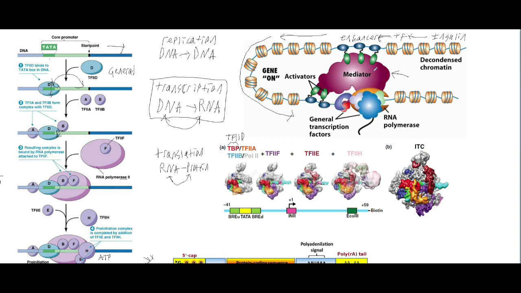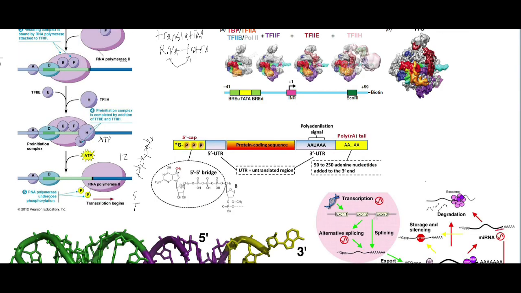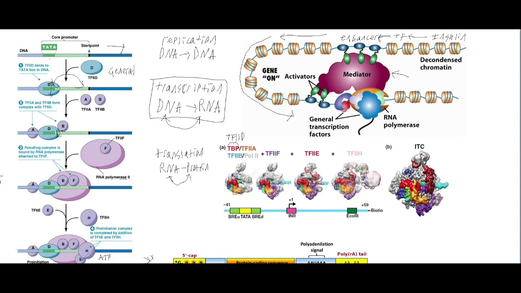So mediator sort of recruits the general transcription factor machinery to come down and bind onto the promoter and generate this pre-initiation complex, which can then go into elongation or transcription.